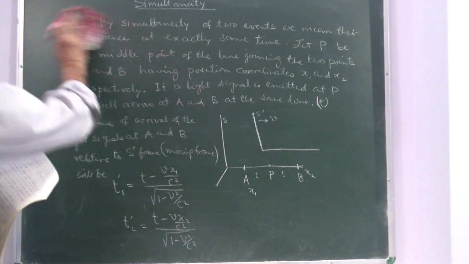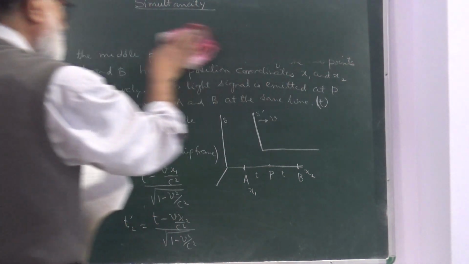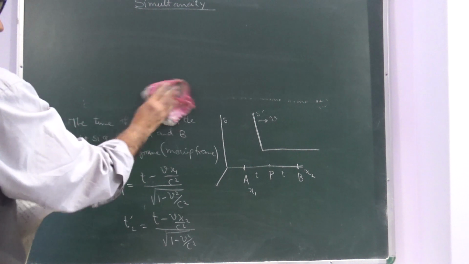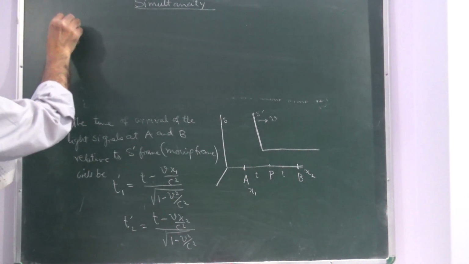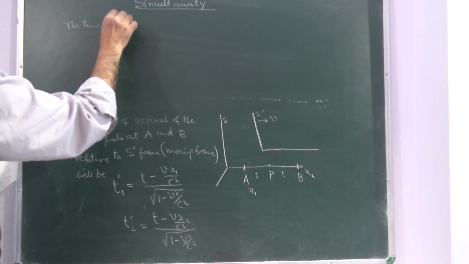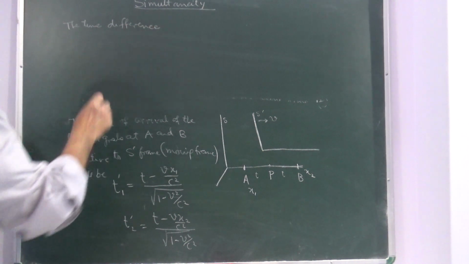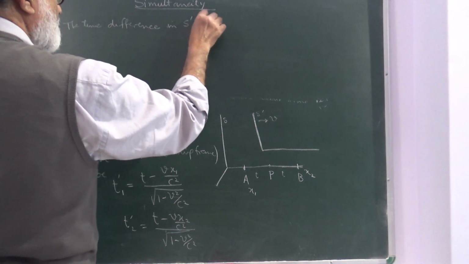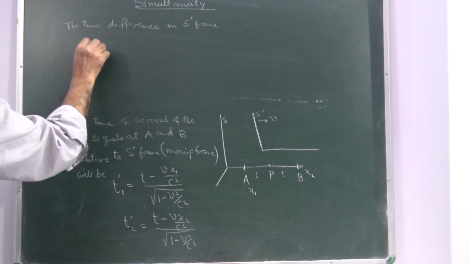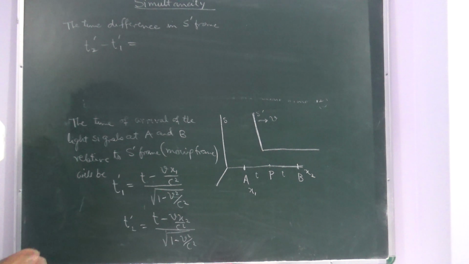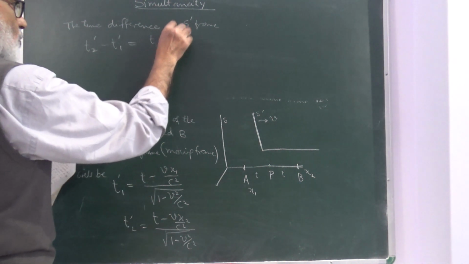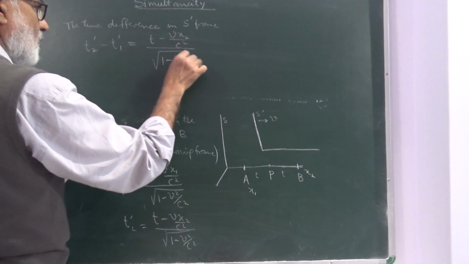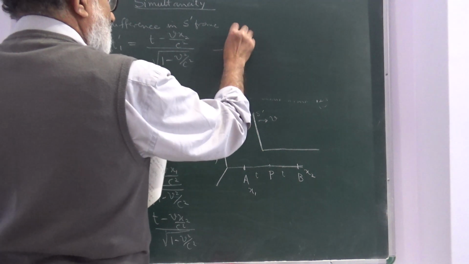So the time difference t2 dash minus t1 dash is equal to t minus v x2 by c square over square root of 1 minus v square by c square, minus t.